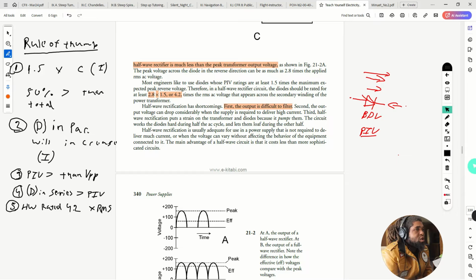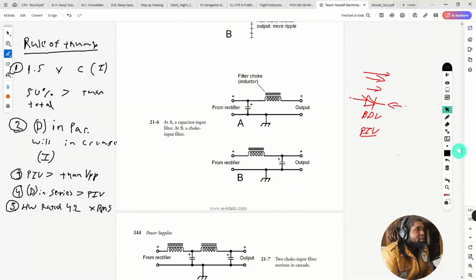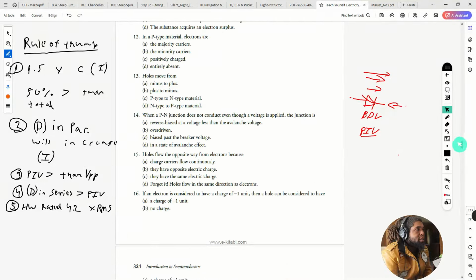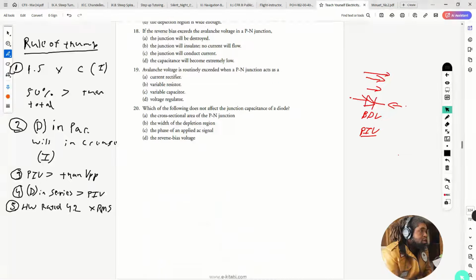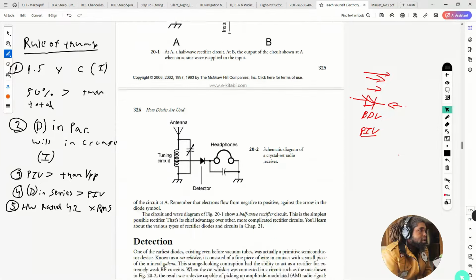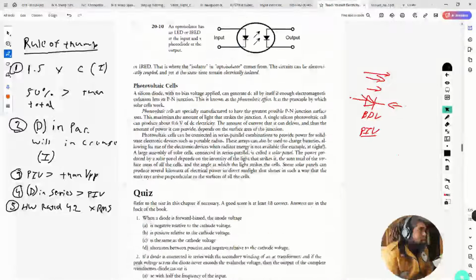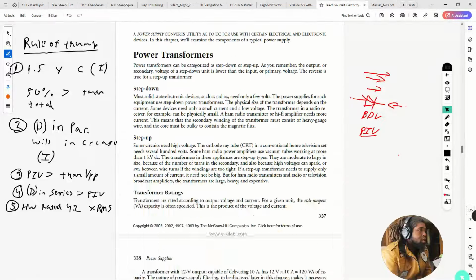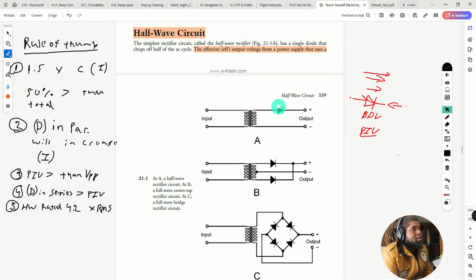So your half-wave rectifier is going to be poor at delivering current, at supplying current.